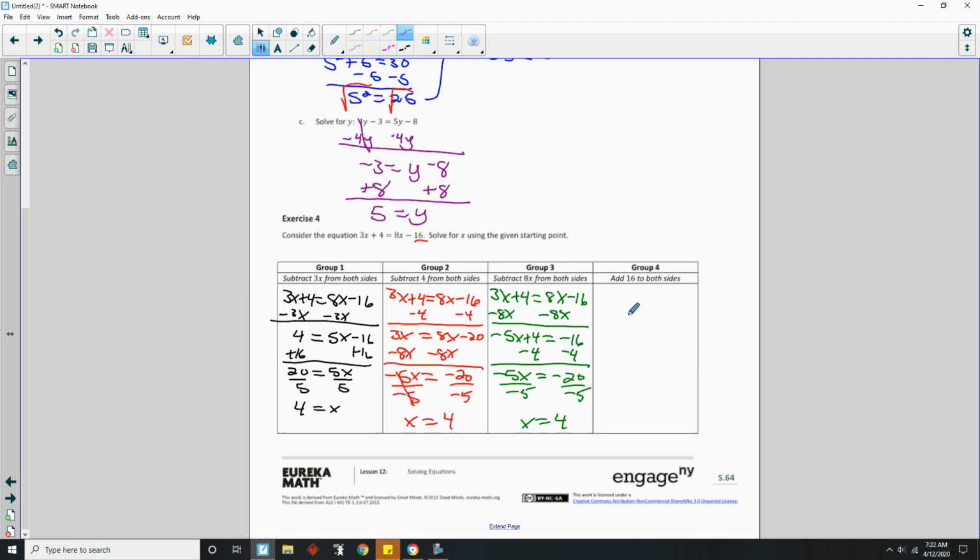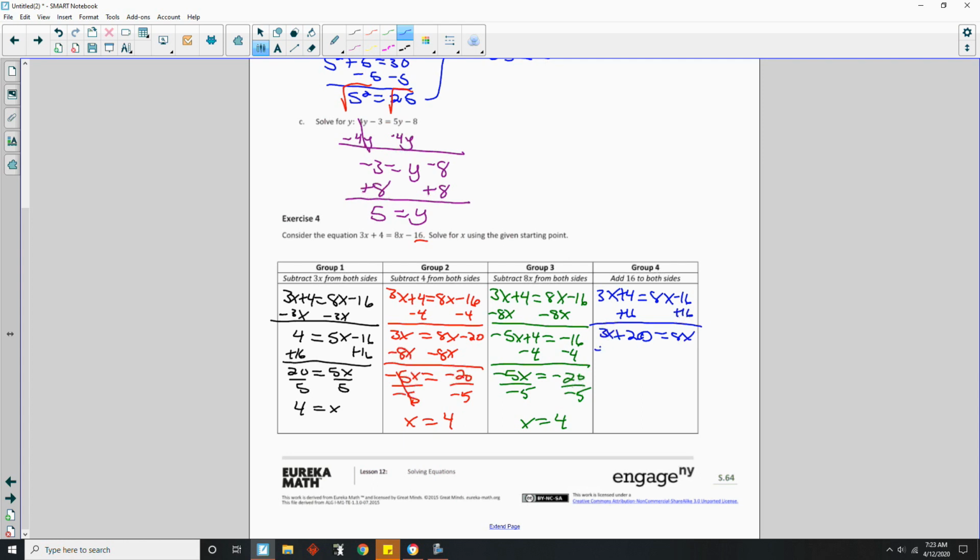Okay, and then finally we're going to do it one more time. 3x plus 4 equals 8x minus 16. I'm going to add 16 to both sides first. So I'm going to move this 16 over to the other side, and I'm going to get 3x plus 20 equals 8x.